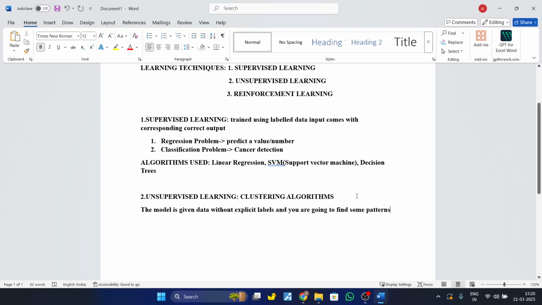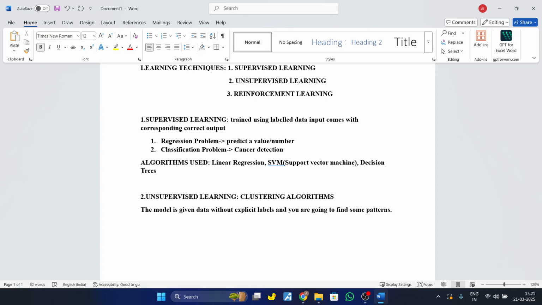Basically you feed the model data without any label and find patterns from it. We looked at which algorithms you use: the clustering algorithms. So that is what unsupervised learning is, right?